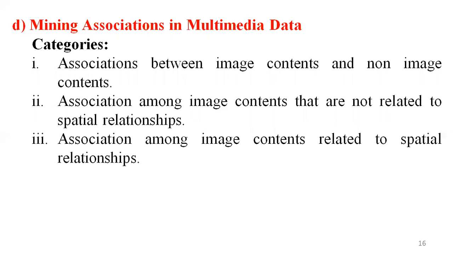That means the main important thing here is the pattern. Frequent pattern identification is very important in the data mining process. The categories here: association between image content and non-image content, association among image contents that are not related to the spatial relationship, and association among image contents related to the spatial relationship. These are the multimedia data categories.